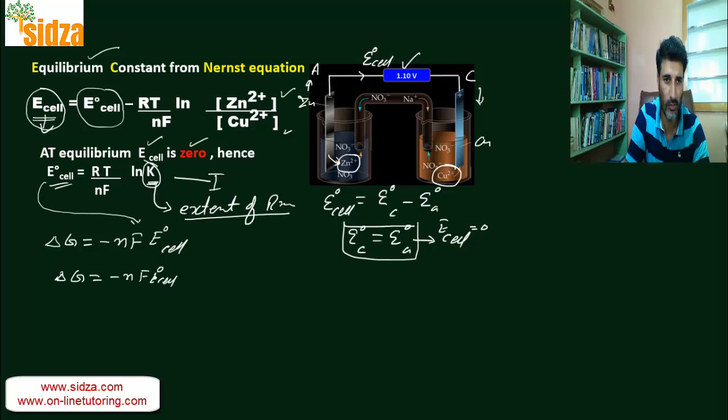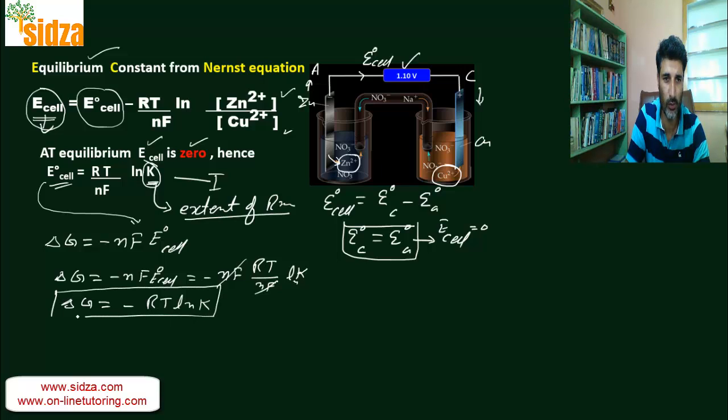I can put the values here: nF, and this will be RT by nF ln K. You can cancel out these two, and we see that delta G will be equal to negative RT ln K. This is the relationship between the delta G value, the decrease in the Gibbs free energy, and the K value.